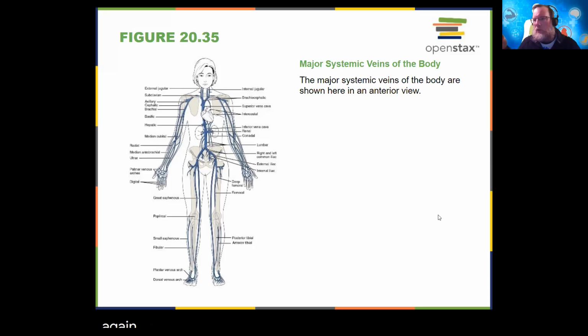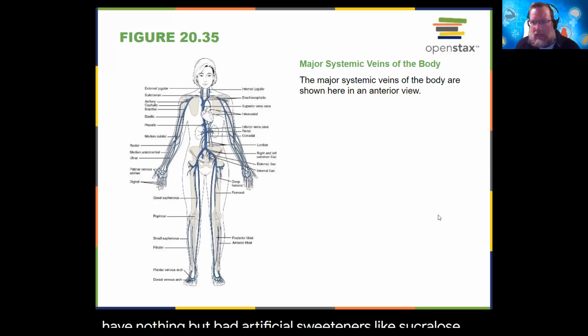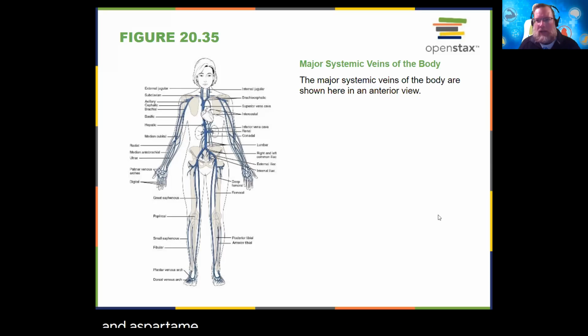And again, they're victims of a system that's promoted this way of thinking and this lifestyle choosing, and these so-called diet and fat-free labels that have nothing but bad artificial sweeteners like sucralose and aspartame. One thing COVID really goes after and gets active with is excess chloride ions.